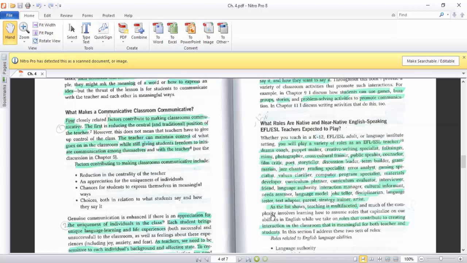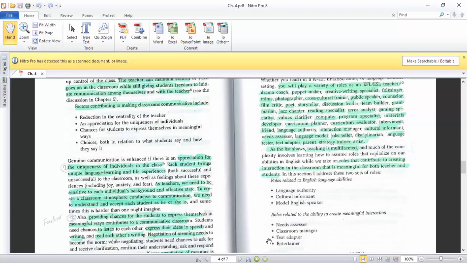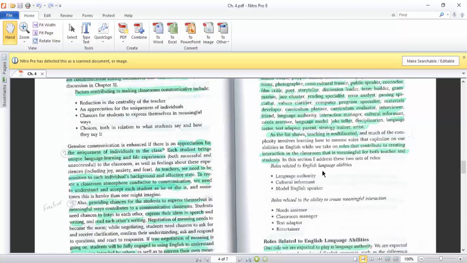As the list shows, teaching is multifaceted. These are roles that contribute to creating interaction in the classroom that is meaningful for both teacher and students. Here we have two sets of roles.